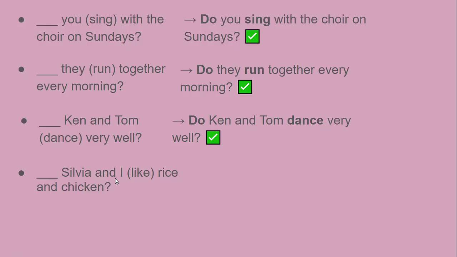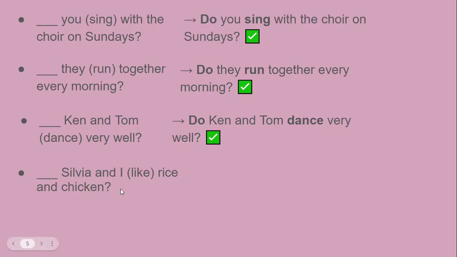But then we take them as a collective because they are doing this action together. In this case, I have included myself, so it means the subject is we, because I'm talking about someone else and myself.